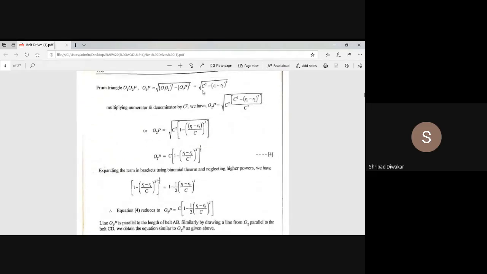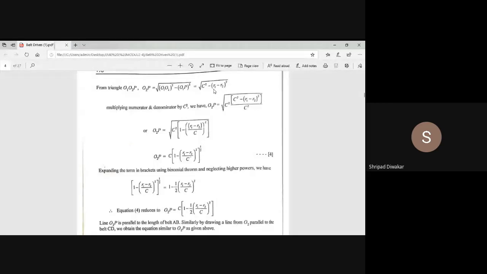Next, in this equation, I am going to multiply and divide by a value called C square, such that there is no change in the equation. Square root of O1O2 square minus O1P square: O1O2 is the center distance, minus the distance O1P, which is R1 minus R2, whole square.